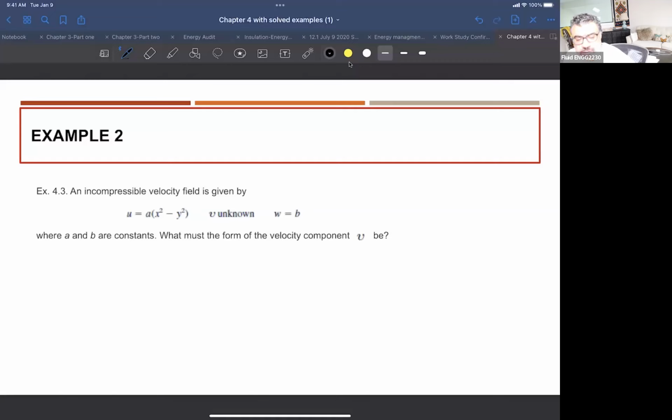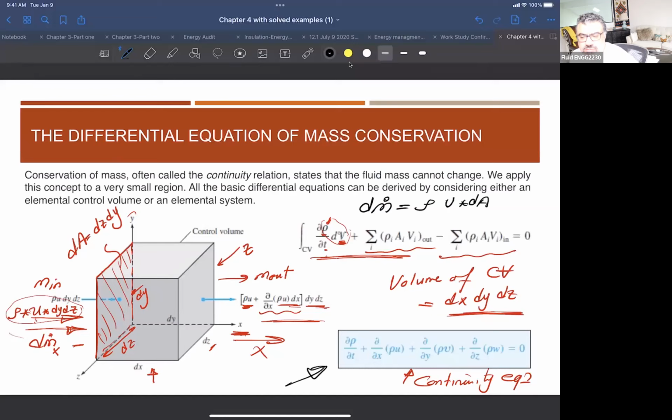Yeah, constant density, sure. Sorry, what has to be satisfied for flow fields? Right? The continuity equation, conservation of mass, is valid.